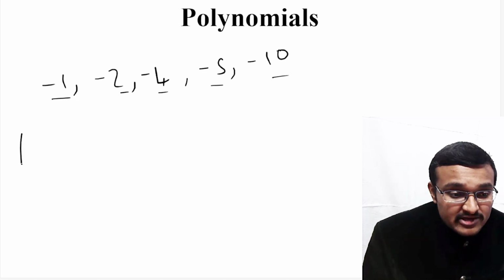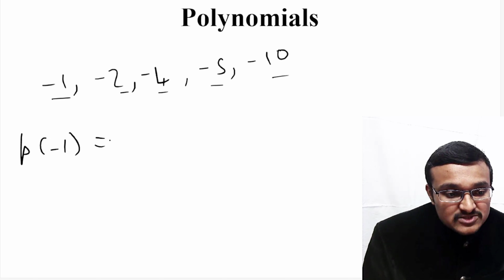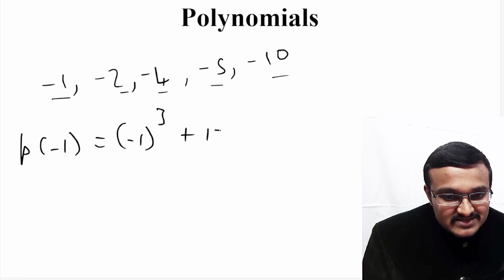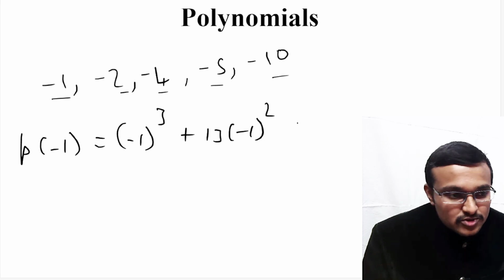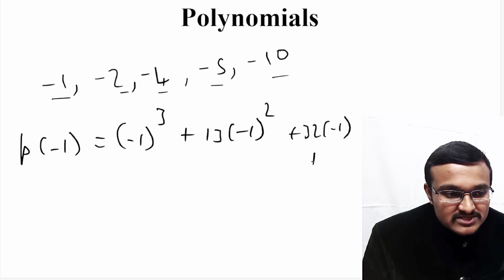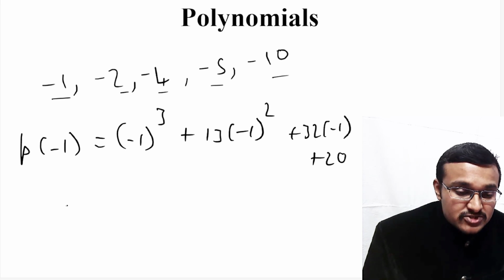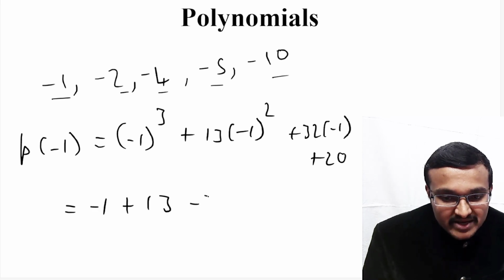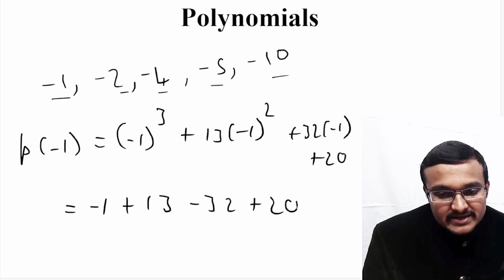So we have to try p of minus 1. p of minus 1 is minus 1 whole cube plus 13 into minus 1 whole square plus 32 into minus 1 plus 20. When you solve this, it is minus 1 plus 13 minus 32 plus 20.